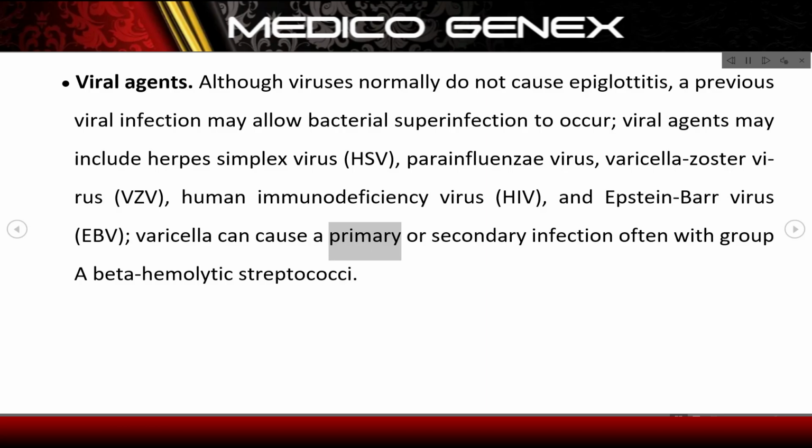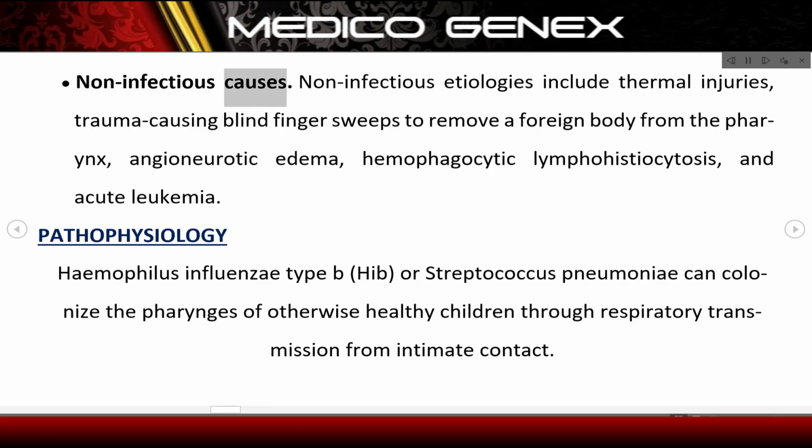Varicella can cause a primary or secondary infection, often with group A beta hemolytic streptococci. Non-infectious causes. Non-infectious etiologies include thermal injuries, trauma causing blind finger sweeps to remove a foreign body from the pharynx, angioneurotic edema, hemophagocytic lymphohistiocytosis, and acute leukemia.